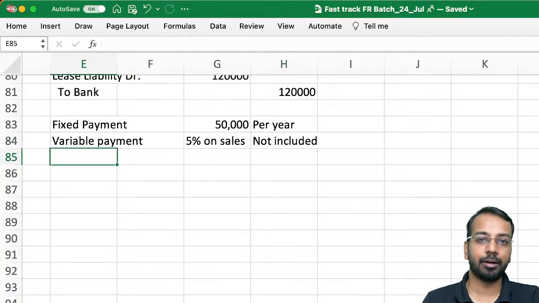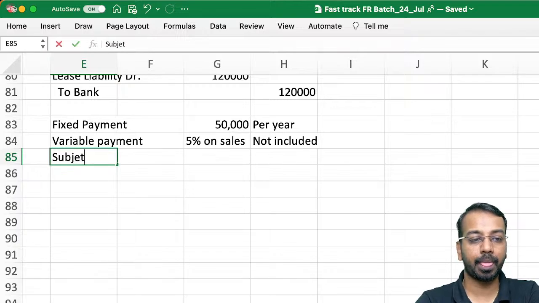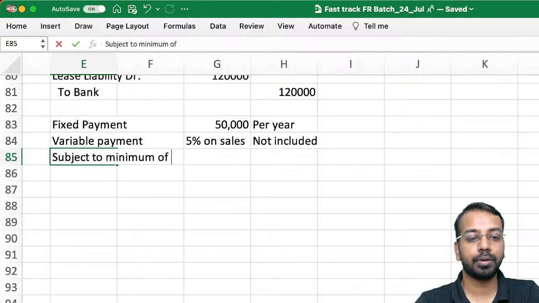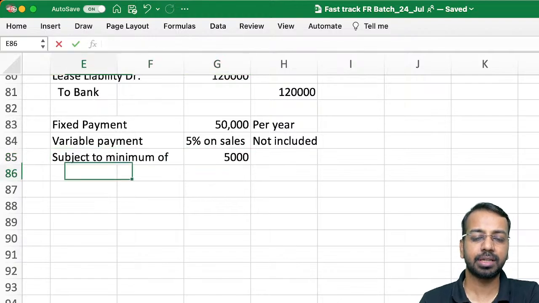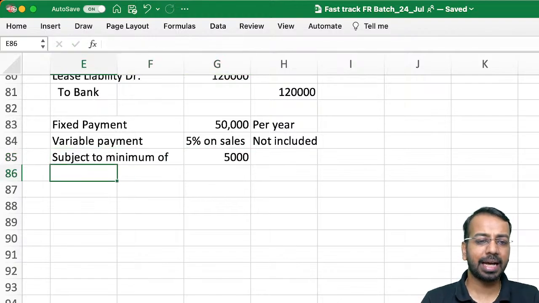But sometimes what happens is there is a contract clause which says variable payment of 5% on sales subject to minimum of 5,000. What does this mean? Whether or not I make any sales, 5,000 has to be paid to the owner.